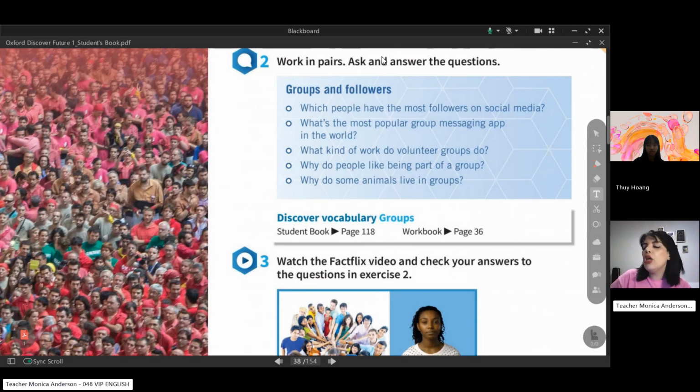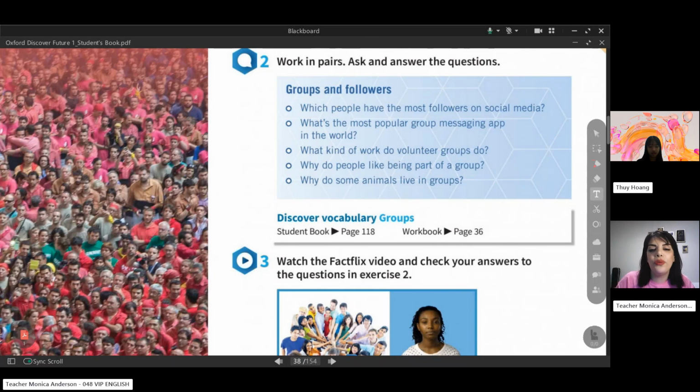For example, when you want to do something in classroom, like erase the content from the board. You say, oh, I volunteer. Can I erase it? So it means I want to do it. Just freely. Okay, get it? Yeah. Okay, and what kind of work do volunteer groups do?